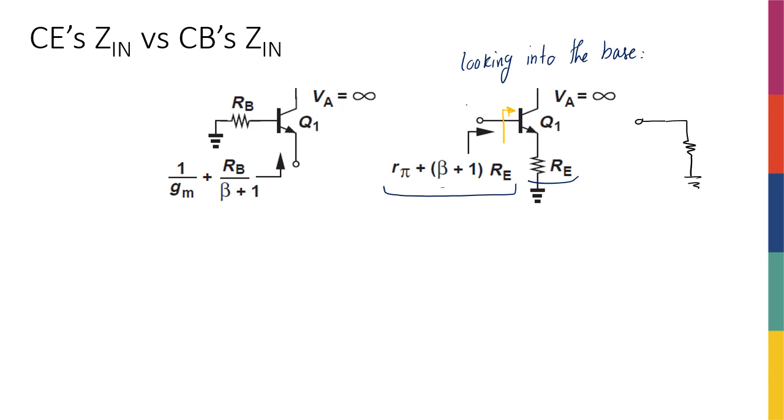What would that resistor be? It's the resistor I've written here: Rpi plus beta plus 1 times Re.